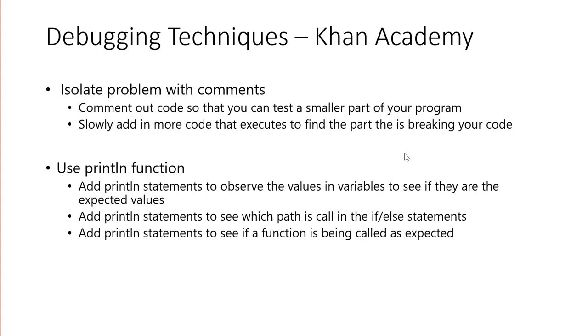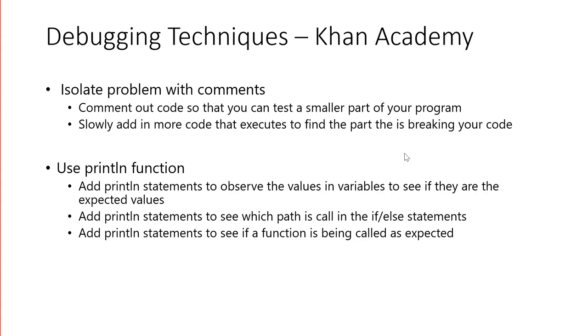Another way to debug is to use print line functions in Khan Academy. Print line can be added into your Khan Academy code, and that will print out whatever you put in the parentheses into the bottom of the canvas in Khan Academy. So you can print out variables to see if they are the values that you expect them to be.